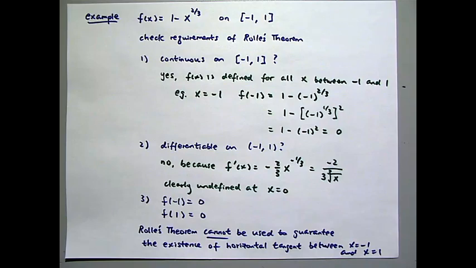And all this is saying is that there may still be such a location. There may not be. We don't know. But Rolle's theorem cannot be used as a shortcut to make that conclusion anymore.